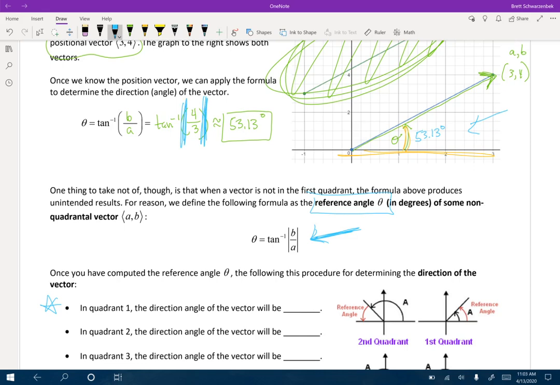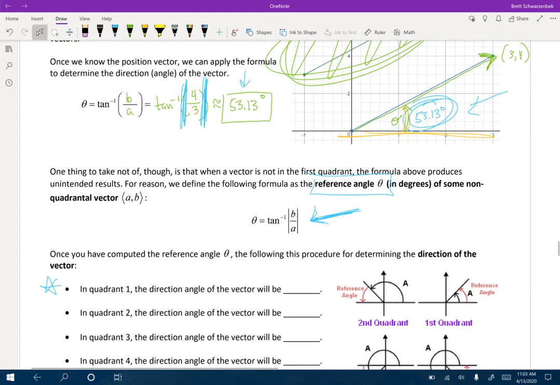No, because everything was positive. We still would get 53.13 degrees. So what did we get as our reference angle? 53.13 degrees. What did we get as our direction? 53.13 degrees, which means the direction angle of the vector in this case will always be whatever your answer theta is. Maybe you understood that, maybe you didn't. Hopefully when we go through the remaining three quadrants, you'll catch on a little bit.